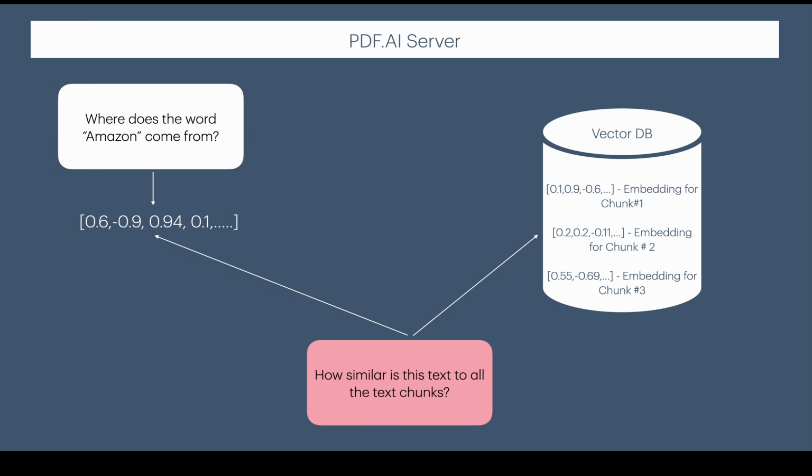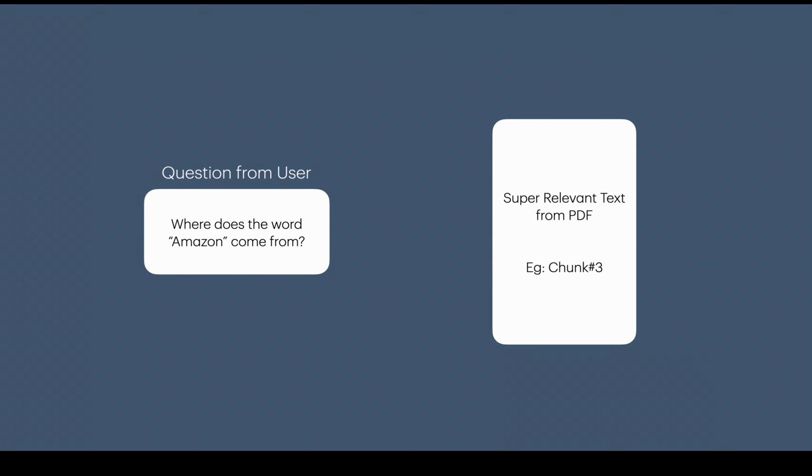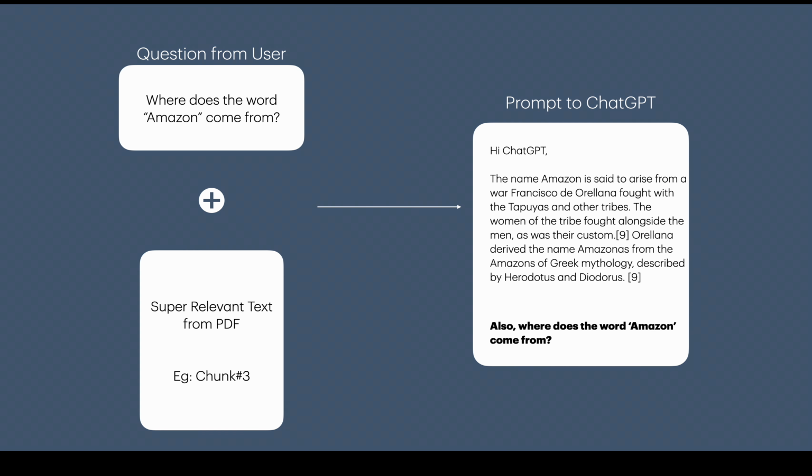So what we are going to do is create a prompt which will have the relevant chunk from the PDF along with the user's question. We'll take the question, and with that the super relevant text from the PDF, which is chunk 3, and create a prompt for ChatGPT.